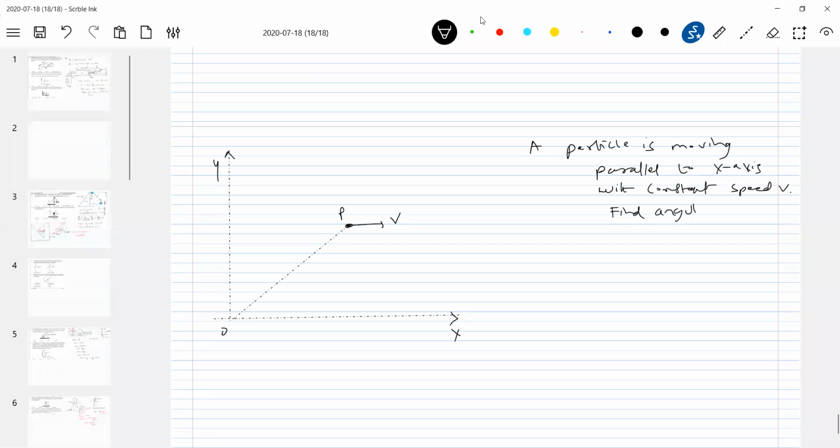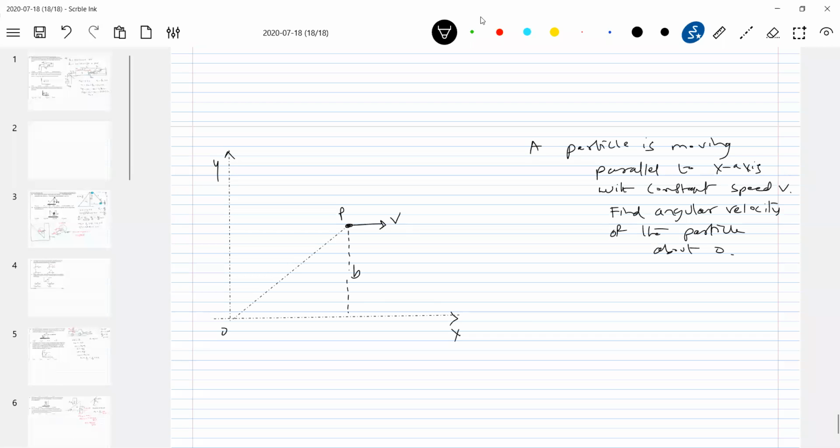Find the angular velocity of the particle about O. This will be really troublesome for you. I'm giving this distance, let it be equal to b, at a distance b from the x-axis. This is given for us.